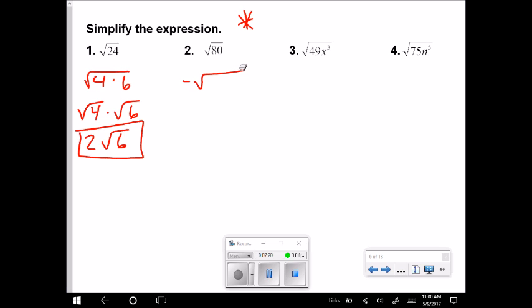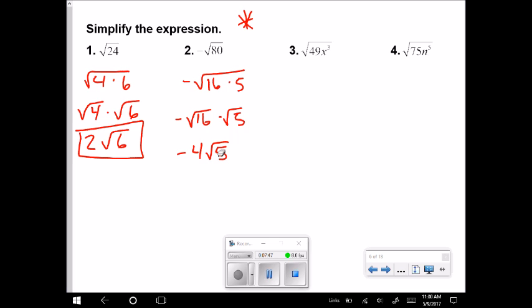In this case, it would be 16, I believe. Make sure here. Yep. 16 times 5 gives us 80. So we could separate this out. The opposite of the square root of 16 times the square root of 5. We get the opposite of 4 times the square root of 5. And that would be simplified.